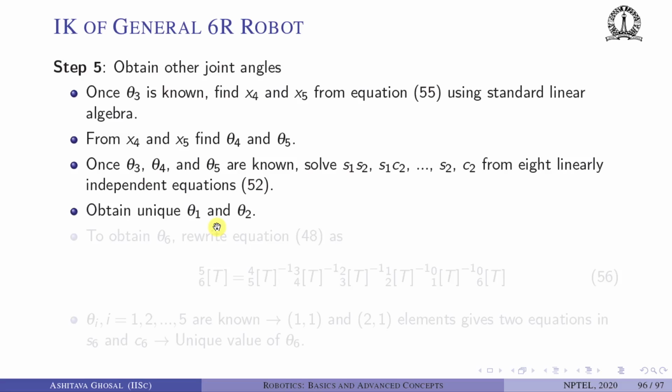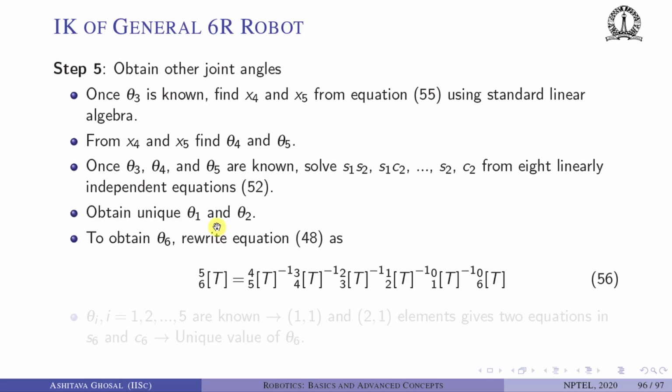Finally, to obtain theta 6, we go back to the original set of equations, which is 5,6T, can be now written as 4,5 inverse, 3,4 inverse, 2,3 inverse, 1,2 inverse, 0,1 inverse into 0,6. So this is given to us, and each of these are functions of theta 4, theta 3, theta 2, theta 1, and so on.